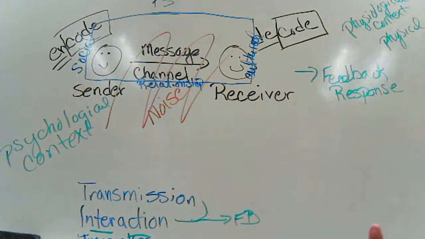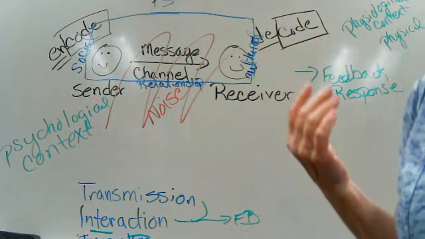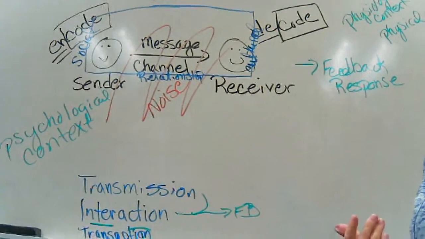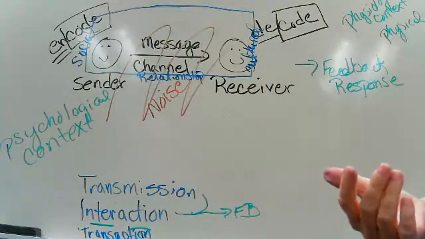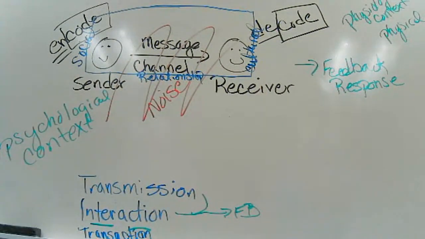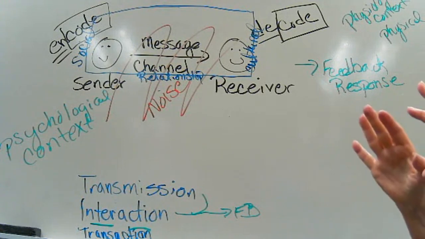And it's the reason it's called transaction is because we have to have give and take. All right? If communication is going to be successful, we have to give and we have to take. We can't just always take, and we can't always just give.